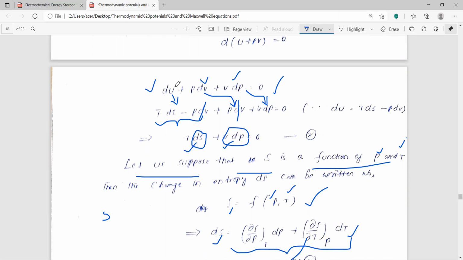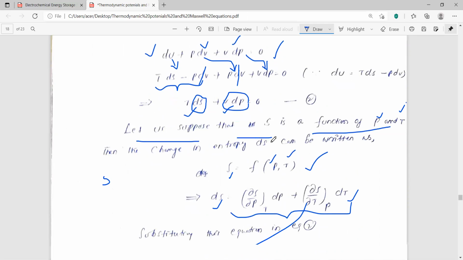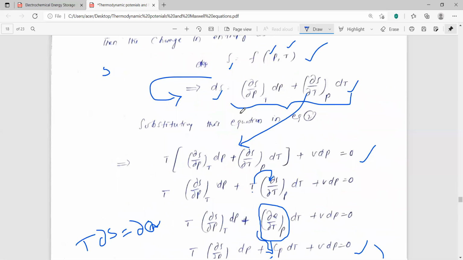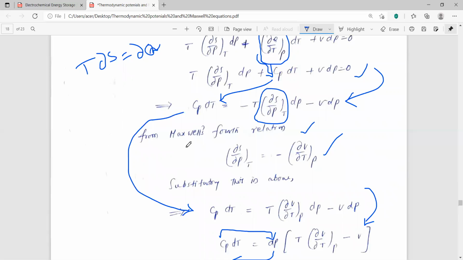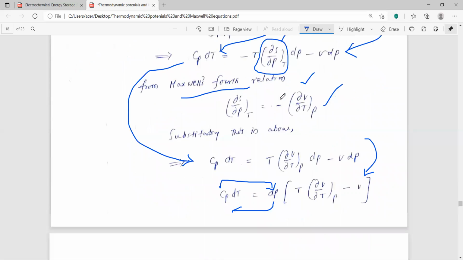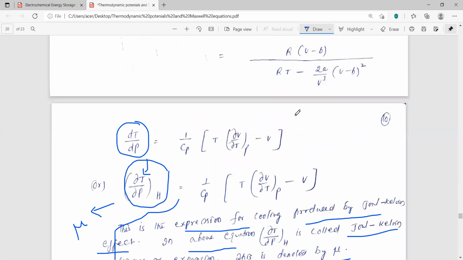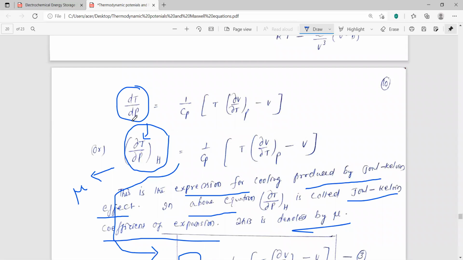If you substitute the value of dU, and then take entropy as a function of P and T, take the differentiation value of dS, and substitute it in the above equation, and then use Maxwell's fourth equation to replace this value, finally you get dT by dP equal to 1 by Cp times T of (dou V by dou T at P) minus V.